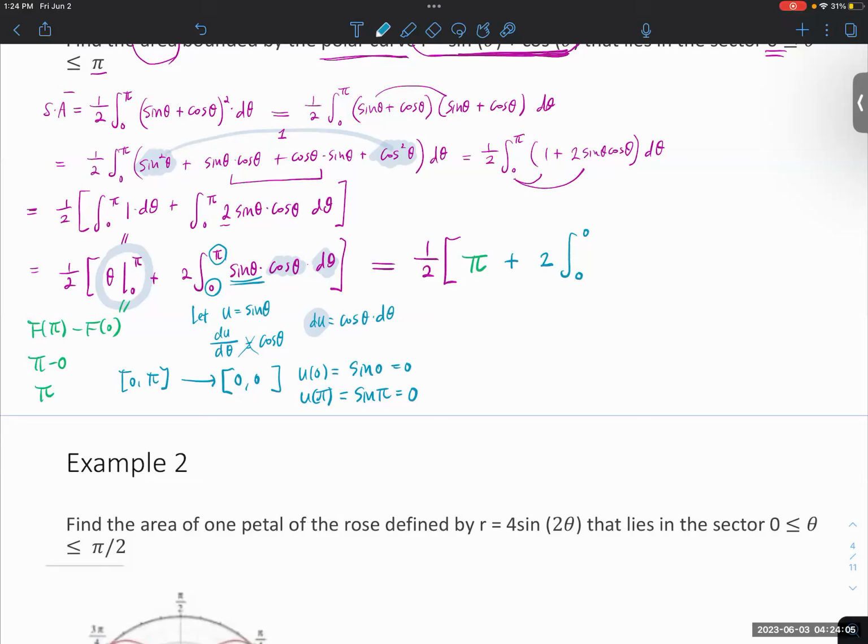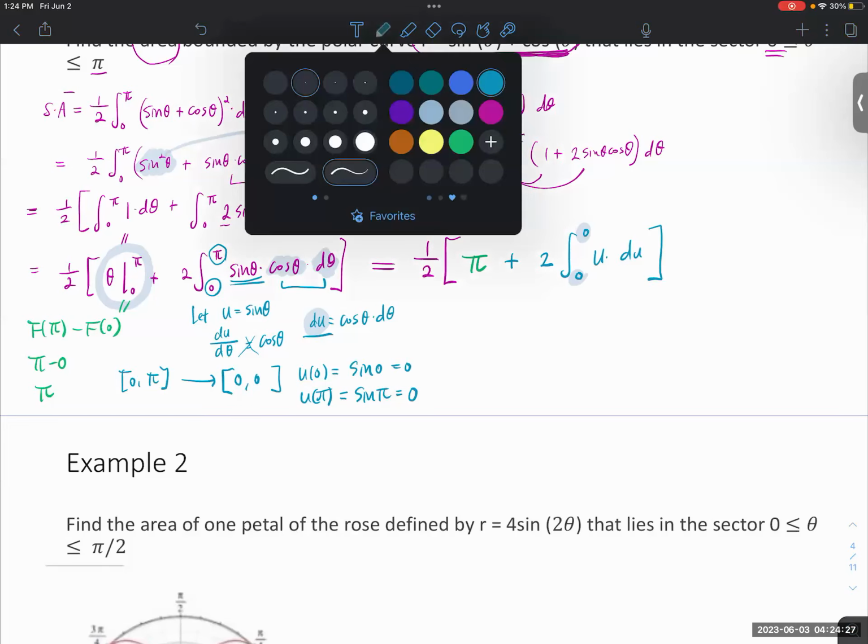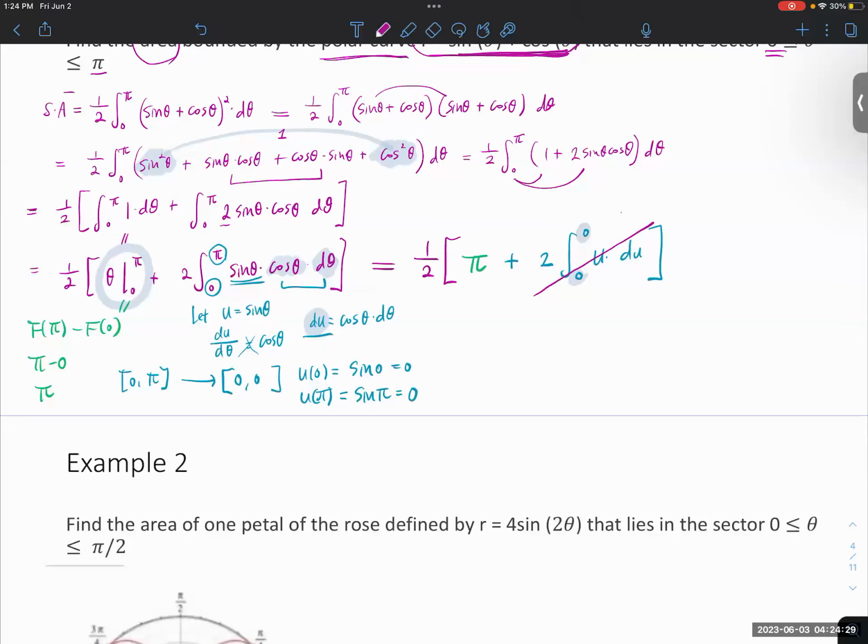And then we have sine as u, and cosine times d theta is du. But wait, you have to be careful. Is there any area from 0 to 0? There's no area. So even though you're taking the integral, this part is going to be 0 anyway, because the interval is from 0 to 0. There's no area.